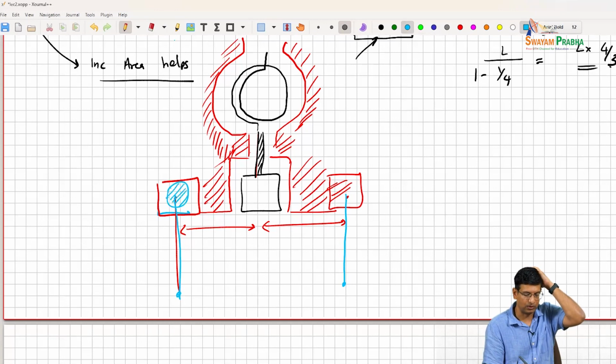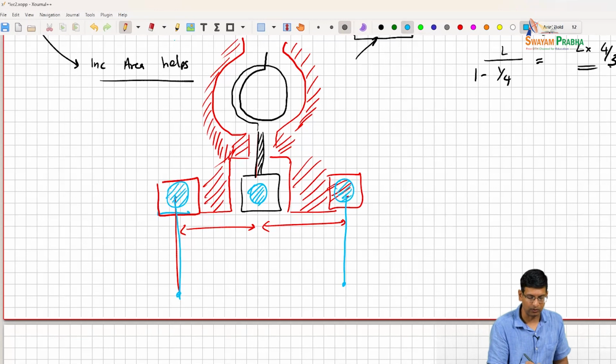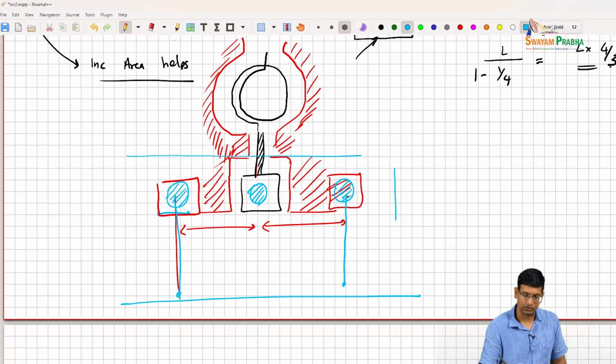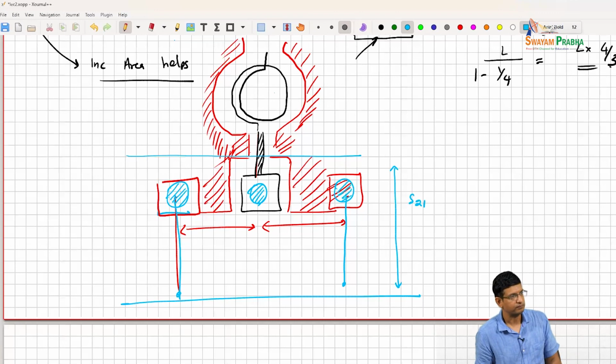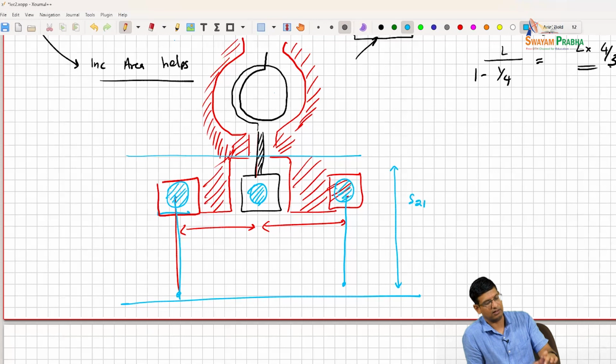So there is usually a pillar here and a pillar here and a pillar here, right? So you put this exact network into your simulator, right? And you get the S21 of this part, right? And then you design your inductor with that S21. So that's basically the whole network.